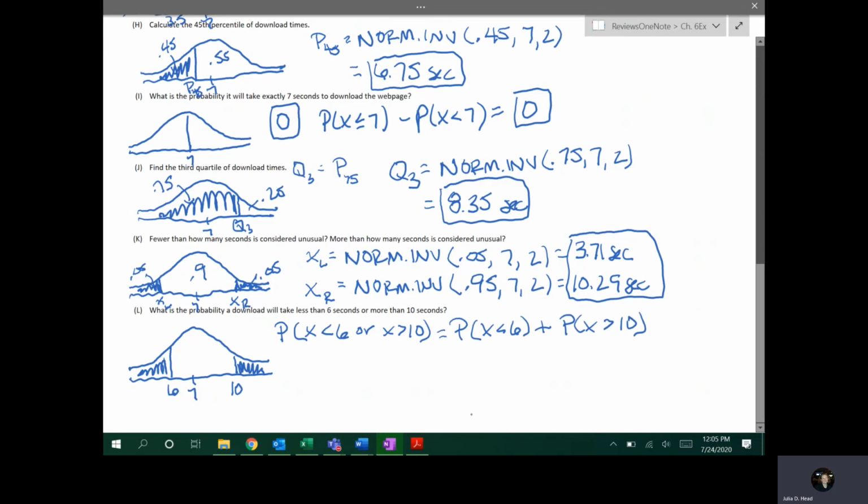The first one will be fine, but the second one will require a complement rule. So plus 1 minus, or 0.3753.